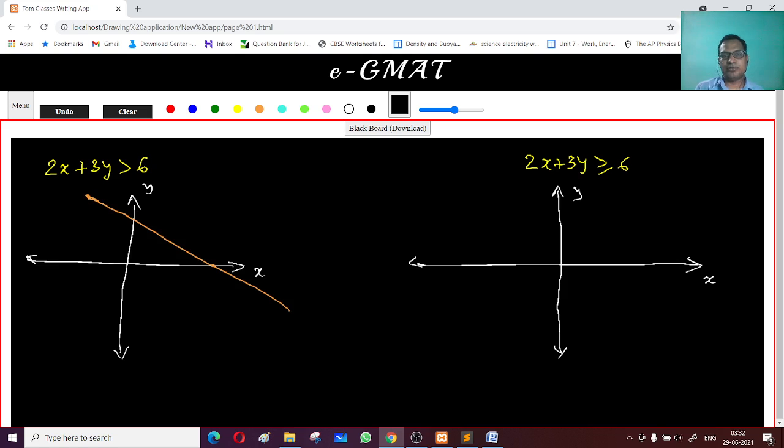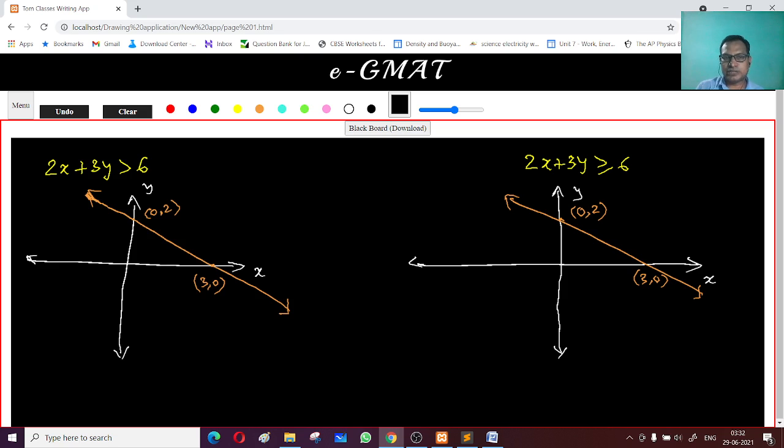So this point was 3 comma 0, and this point is 0 comma 2. The same line let me draw over here. So this point is 3 comma 0 and this point is 0 comma 2. It is like this, and I know the equation of this line.